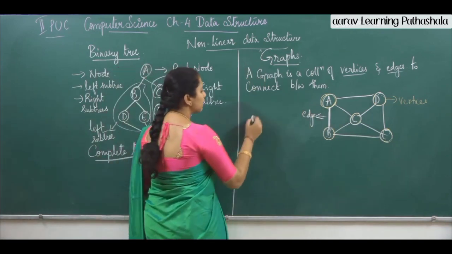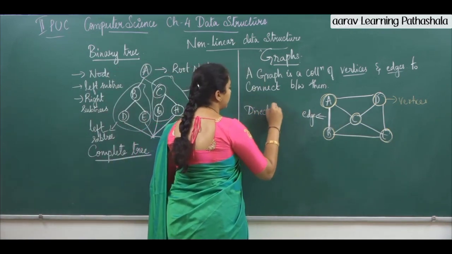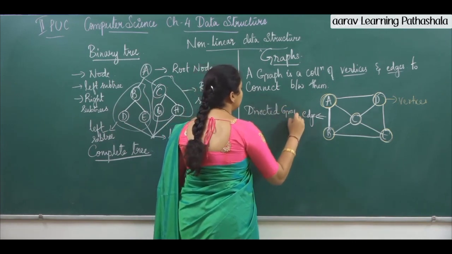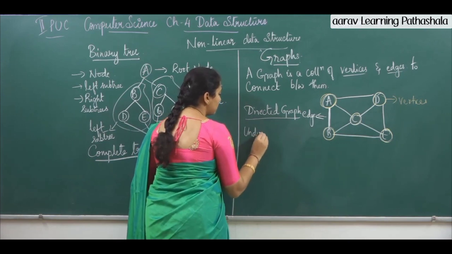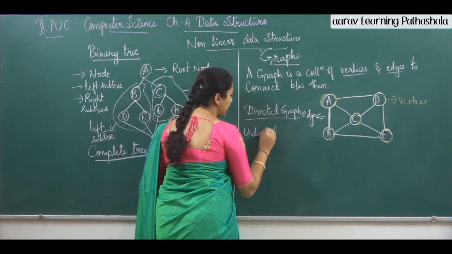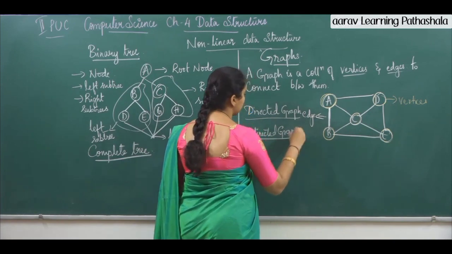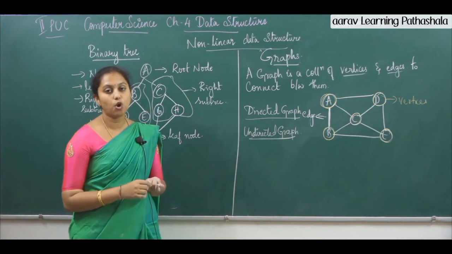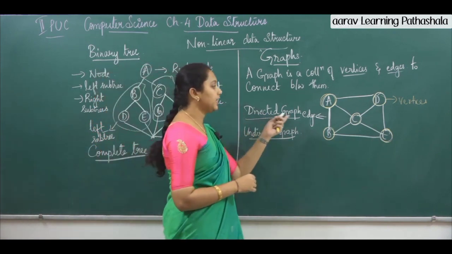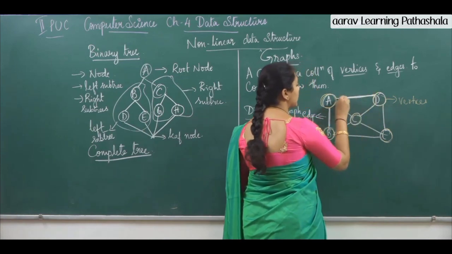Next, in graph there are two types, that is directed graph and undirected graph. A graph with directed edges is called a directed graph. So in this example, there is no direction, right?